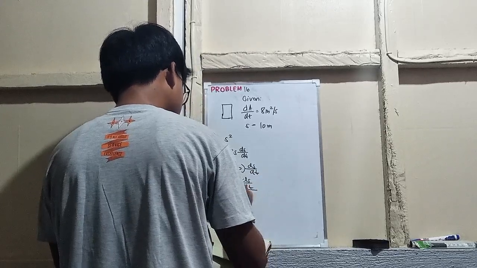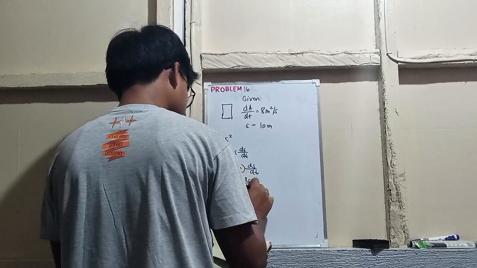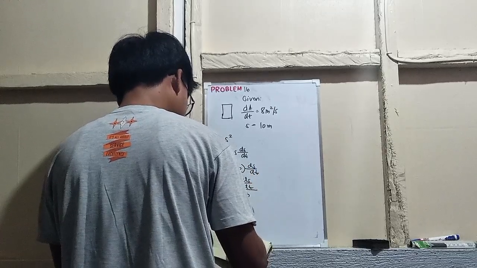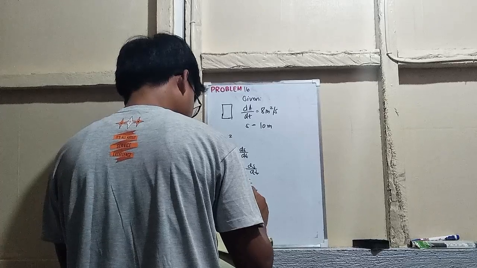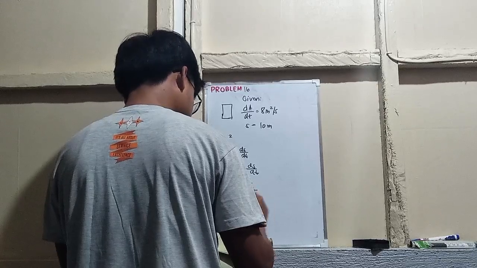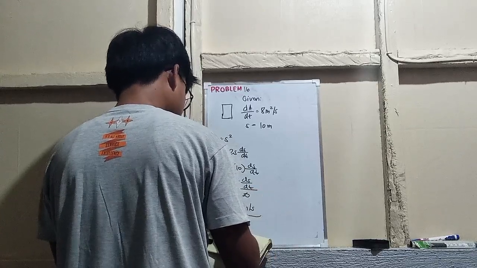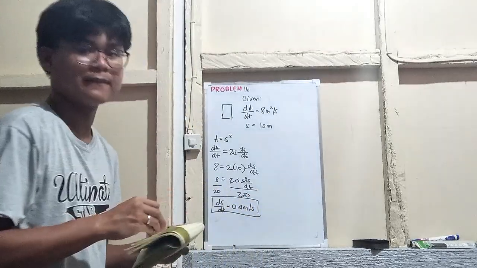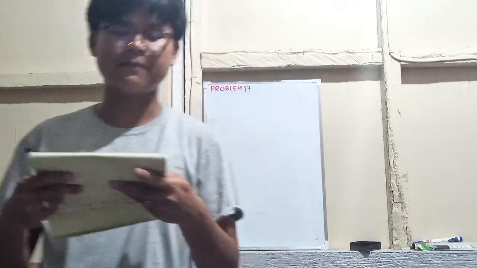Divide both sides by 20. Then we will get the value of ds over dt as 0.4 meter per second. So we'll proceed to problem 17.